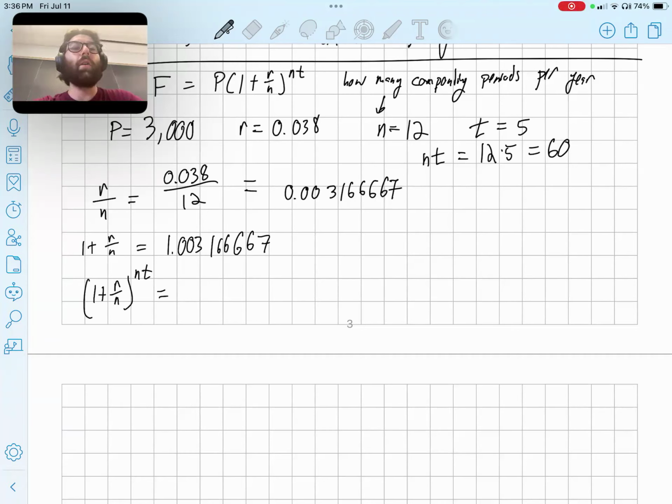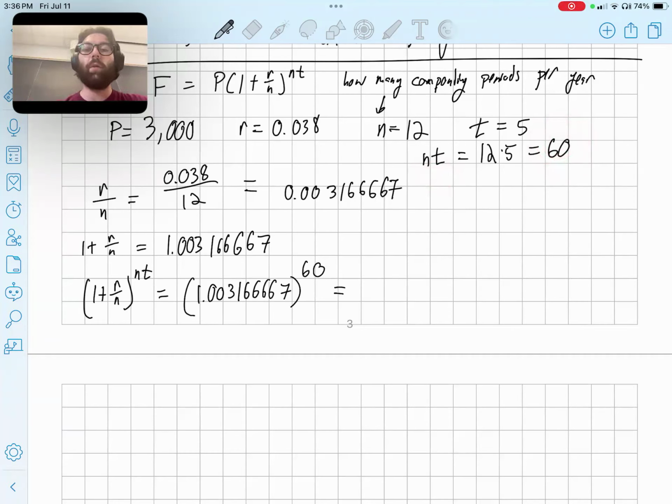And then we do 1 plus R over N to the N times T. So that's 1.003166667 to the N times T power, so that's to the 60th power because N times T is 60. And this is where it's important that your calculator can do exponents besides 2 and 3.